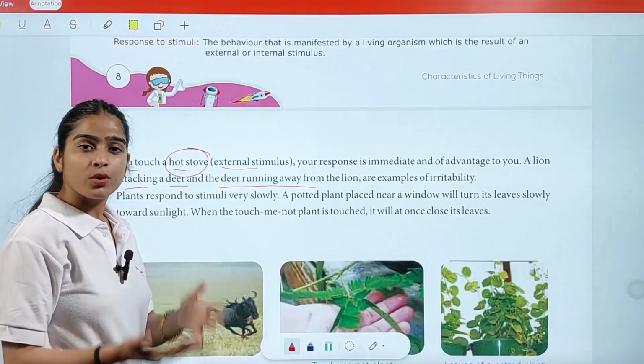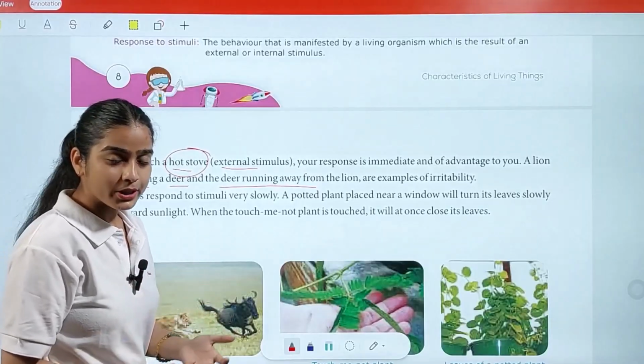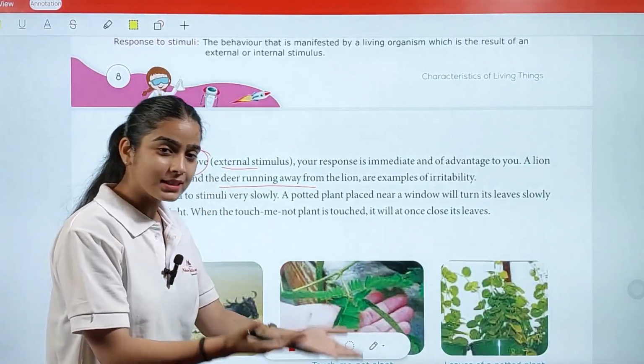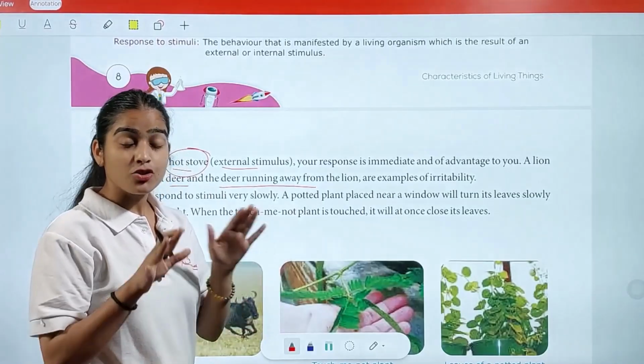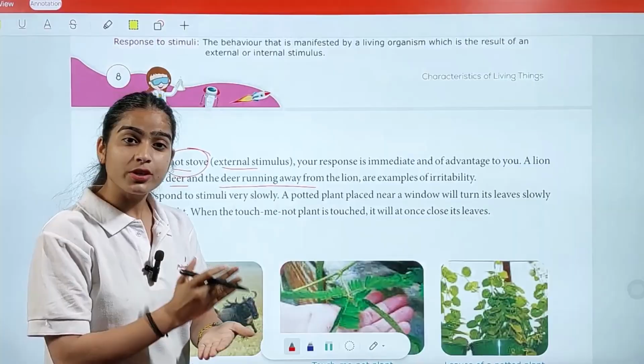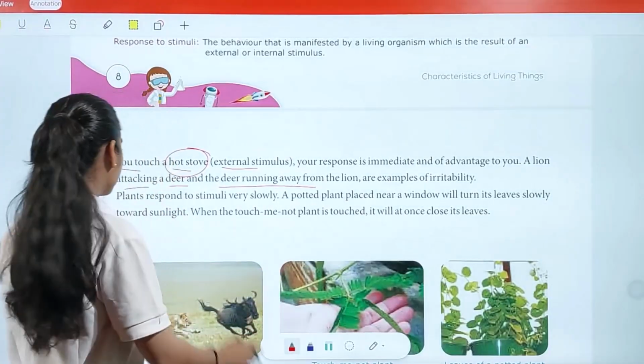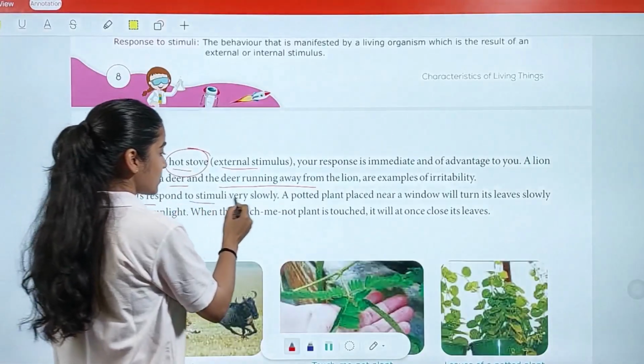If you don't have this characteristic in your body, then you cannot do anything. Just because of this characteristic, response to stimuli, you react to all the things in your whole day. Okay. Now plants respond to stimuli very slowly.